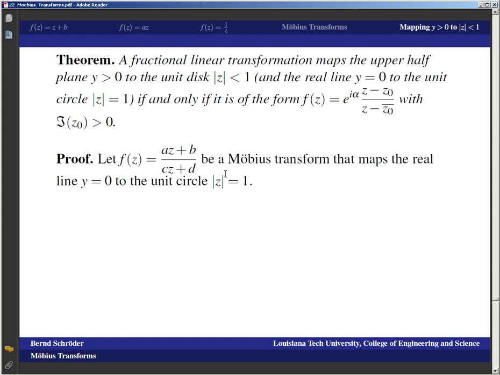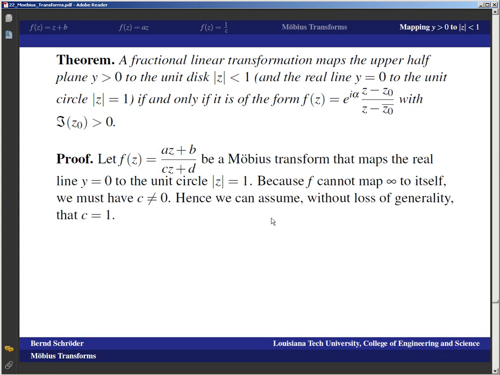Well, let's take a Möbius transform that maps the real line to the unit circle. Because that function doesn't map infinity to itself, we must have that c is not equal to 0. If c was equal to 0, this would be a linear transformation which maps infinity to infinity. And so we can assume without loss of generality that c is equal to 1.